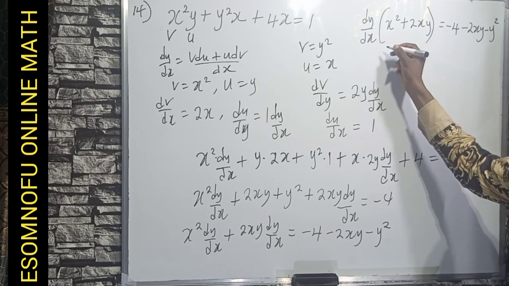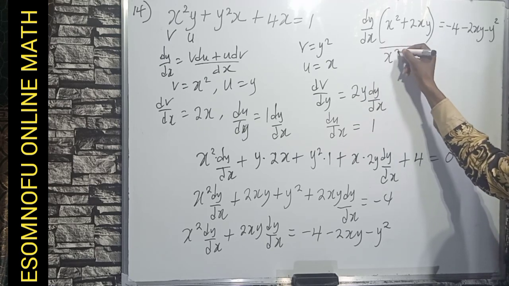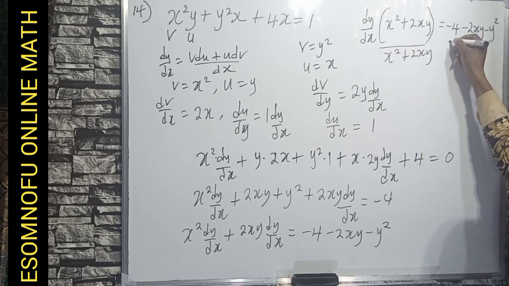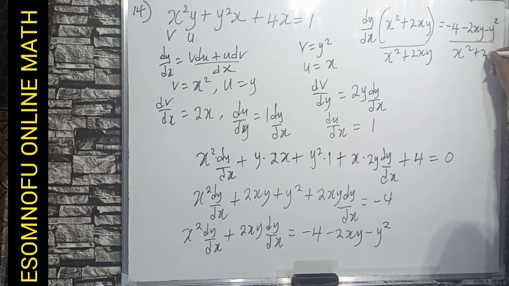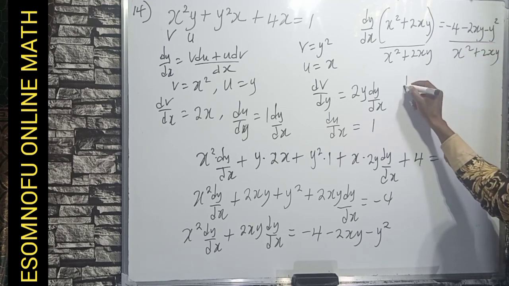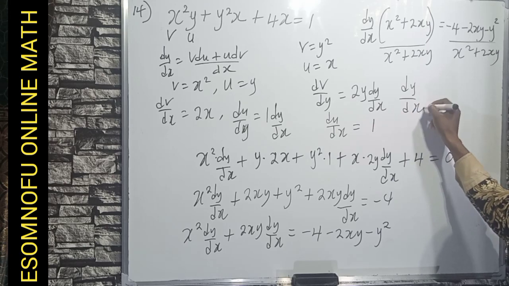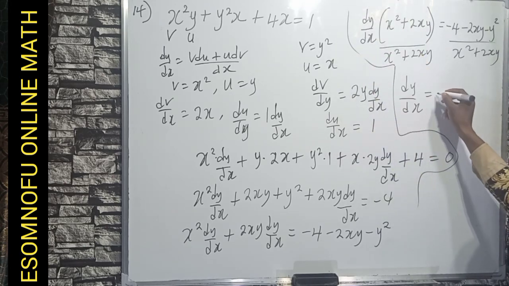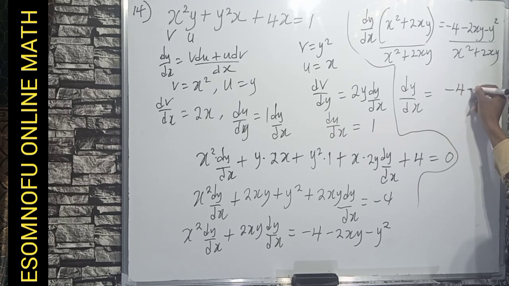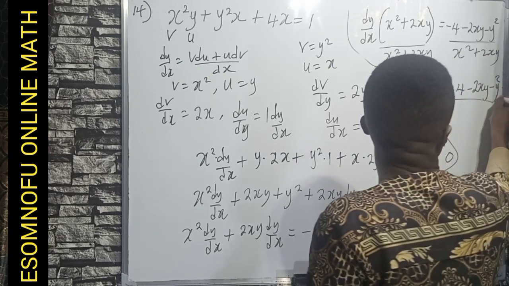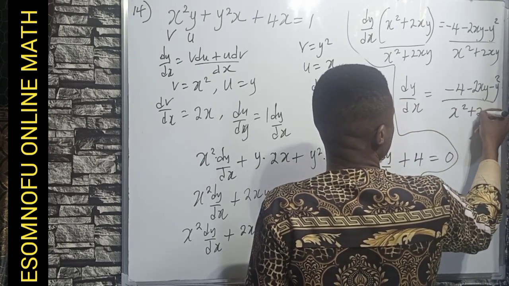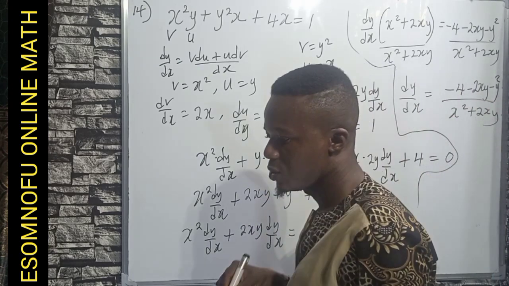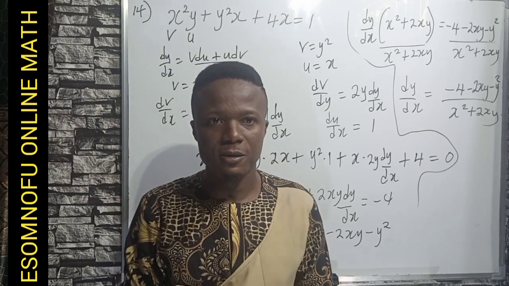So to get dy/dx, divide both sides by the coefficient, which is x squared plus 2xy. By so doing, you find out that dy over dx will give us -4 minus 2xy minus y squared all over x squared plus 2xy. And this is the solution to this implicit differentiation.